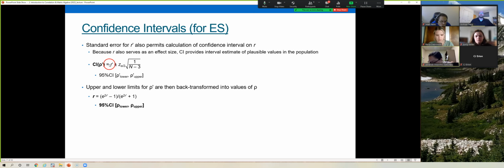We take R prime, do the R to Z transform, get a value for that, and then go plus or minus whatever our critical Z is for whatever confidence bound we wanted to collect. Let's say we wanted a 95% confidence bound.